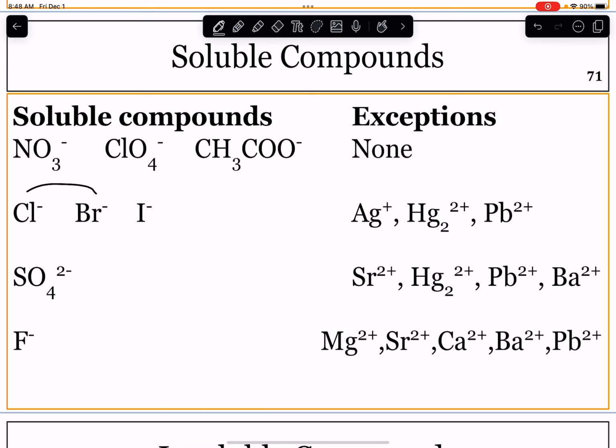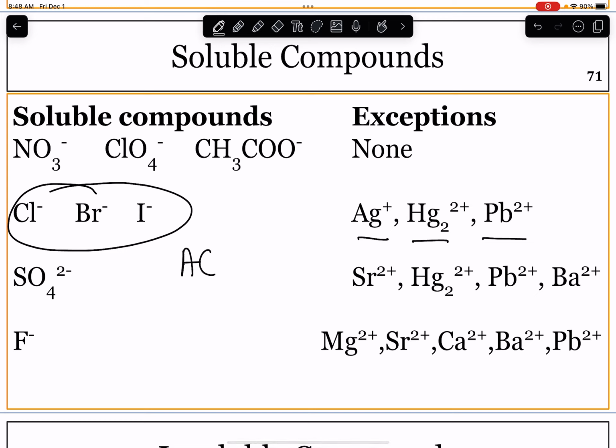If the anion in the compound we're looking at is either chlorine, bromine, or iodine, then most of the time this is a soluble compound. But if the positive cation that it is making a compound with is either silver, mercury, or lead, then this is insoluble.